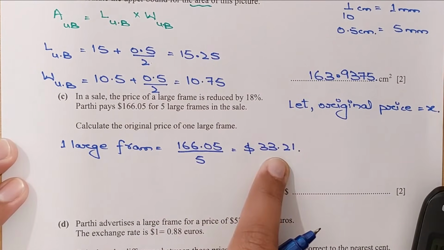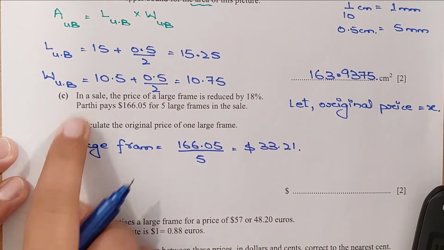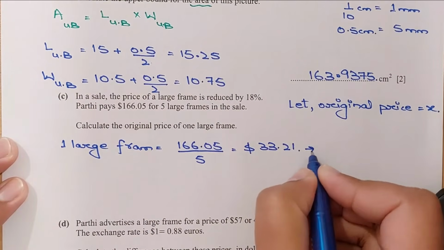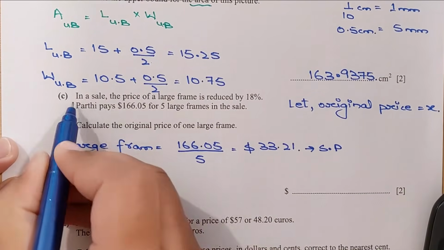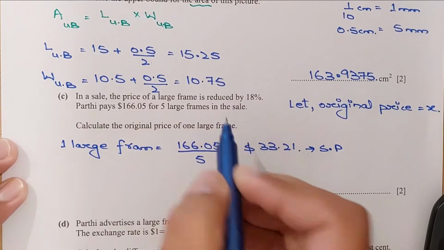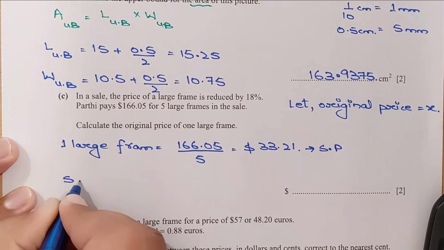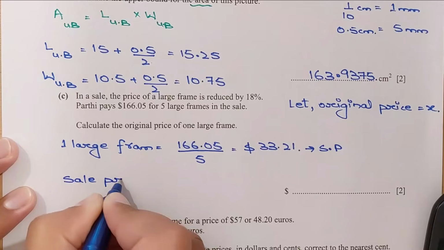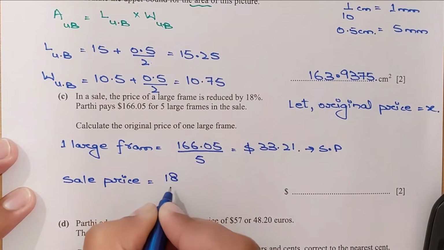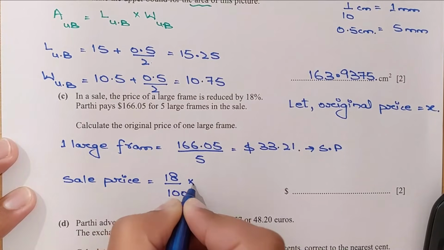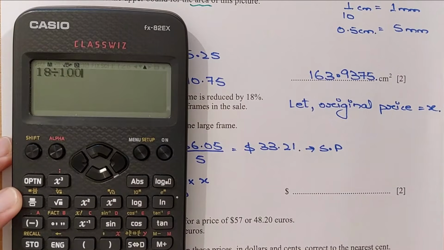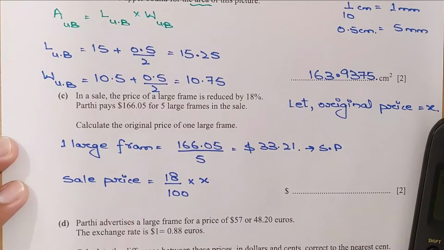This is a sale price, right? We are given that in the sale, the price of the large frame is reduced by 18%, so it is a reduction. So what is the sale price? 18% of the original price is 18 divided by 100, that is 0.18x.